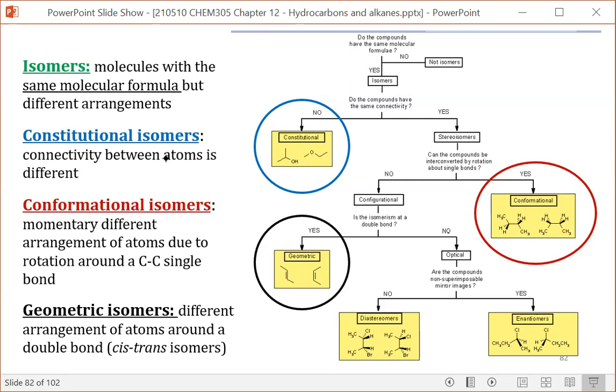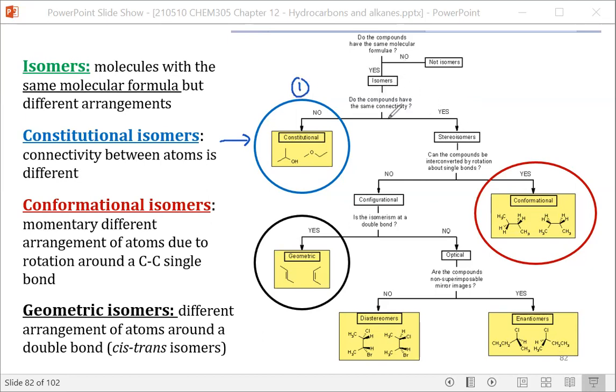And so you go to your flowchart: do the compounds have the same molecular formula? If they don't, they're not going to be isomers, game over. If they have the same molecular formula and the same connectivity, they're going to be a type of stereoisomer. And if they don't have the same connectivity, their bonding pattern is different, they're going to be a constitutional isomer. So that's the first one we always learn about.